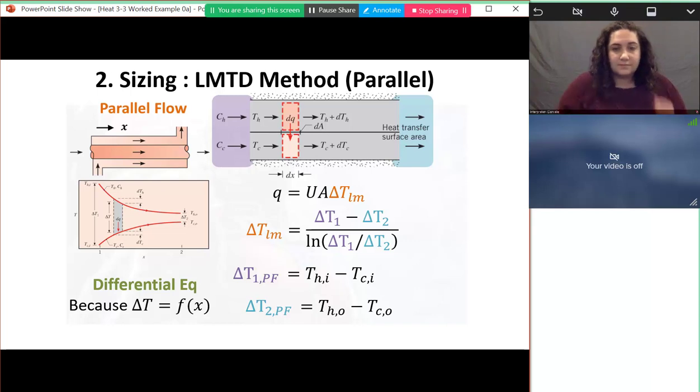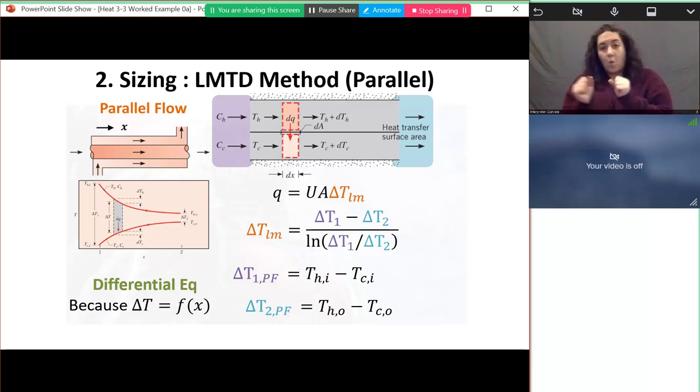So here the difference between the parallel and the counterflow geometries is going to be how we define delta T1 and delta T2. In both cases, delta T1 involves the hot inlet fluid. And then delta T1 is going to be the hot inlet fluid minus the cold fluid that touches the hot inlet.